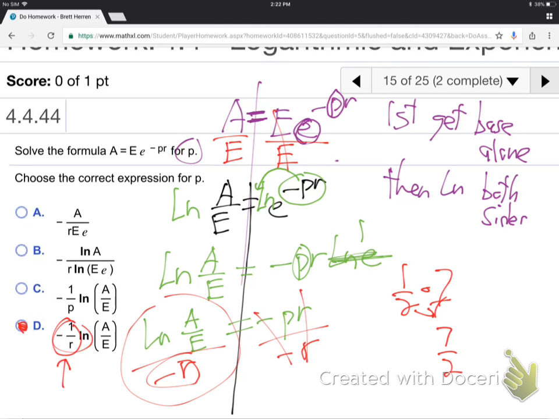So having the minus 1 over R in the front or the minus R in the bottom, same thing. Questions on that? Some fancy algebra there. Impress your friends with that. That's what I do at social gatherings.